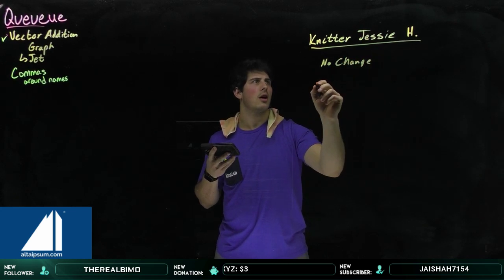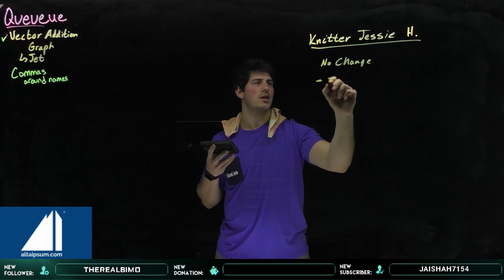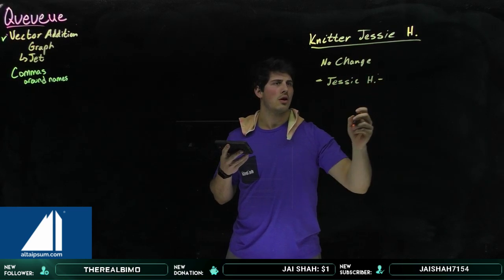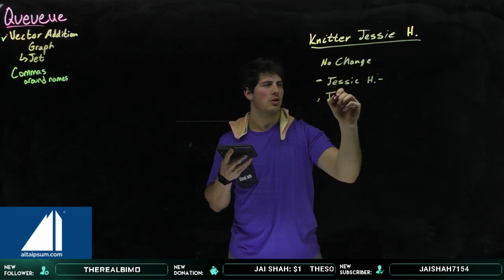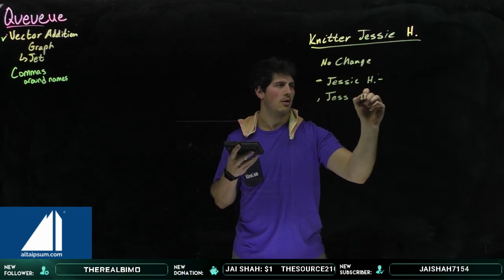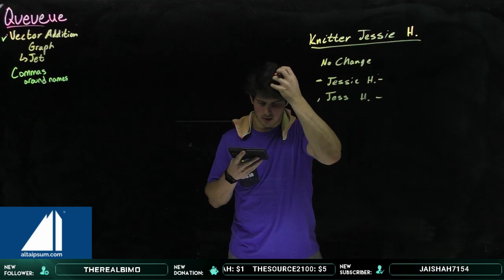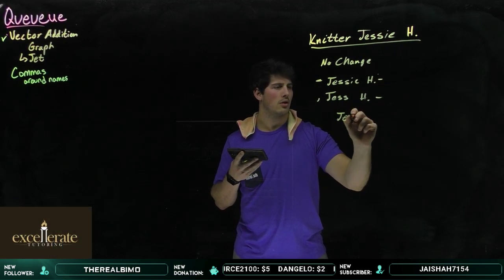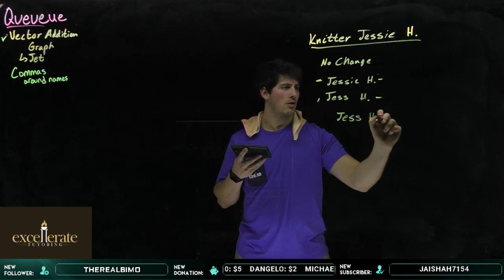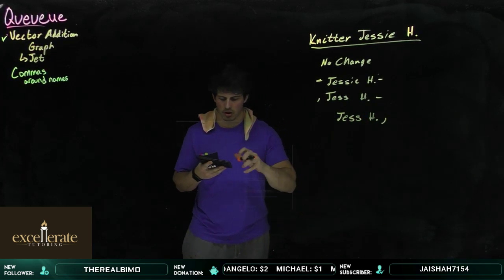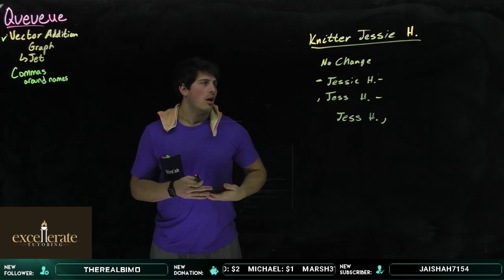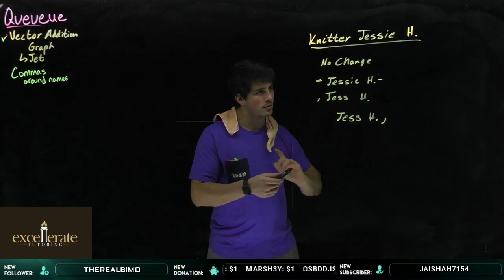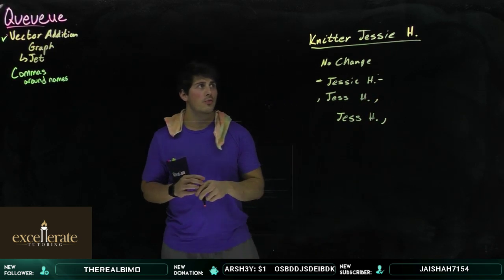Right, you have dashes for Jessie H. You have commas for Jessie H and Jess, and then you have a comma at the end. So, comma. These are our 4 options. Okay, these are 4 options.